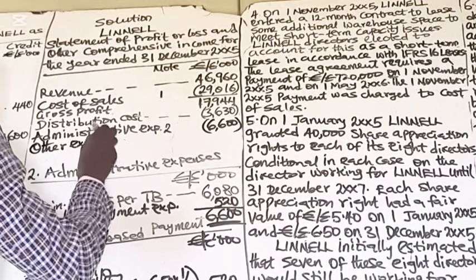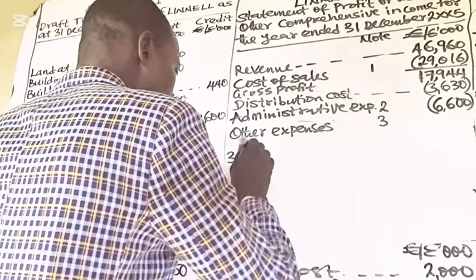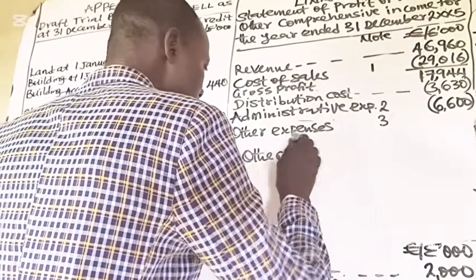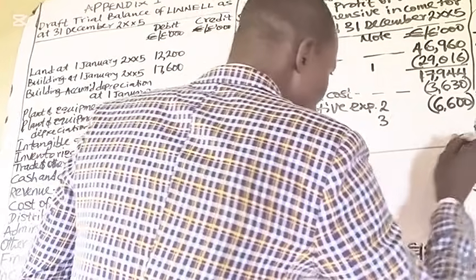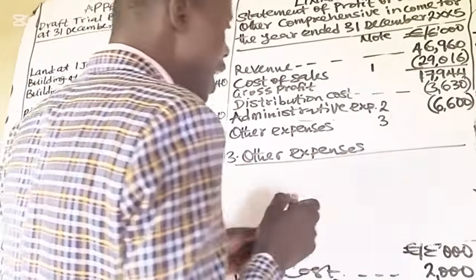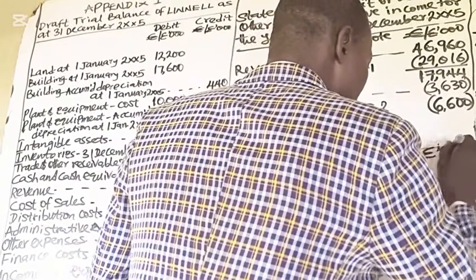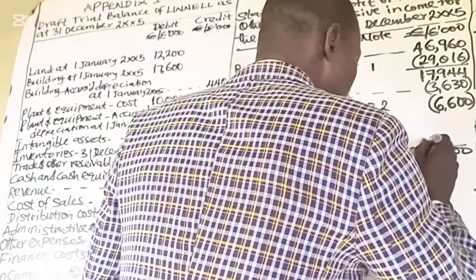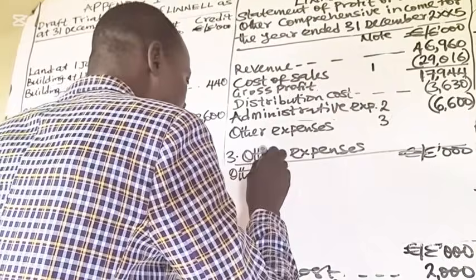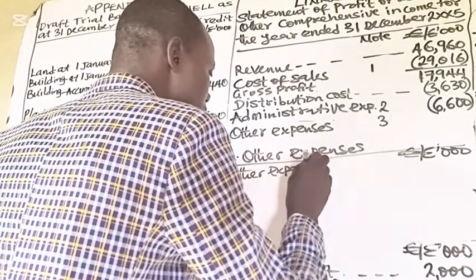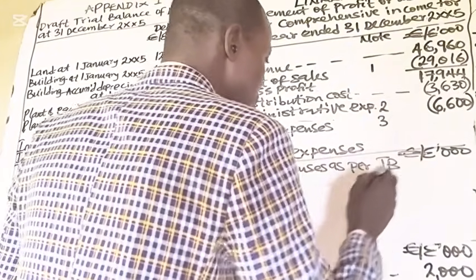expenses. Let's have that as note 3. We have other expenses as per trial balance.